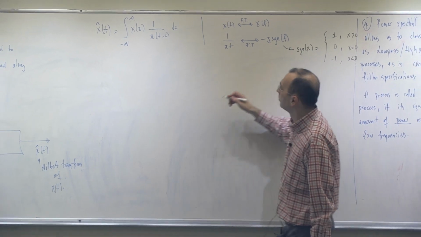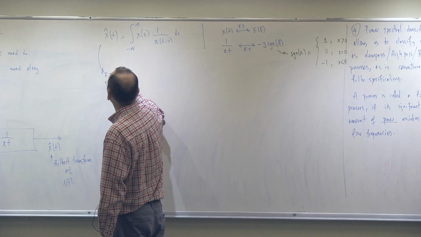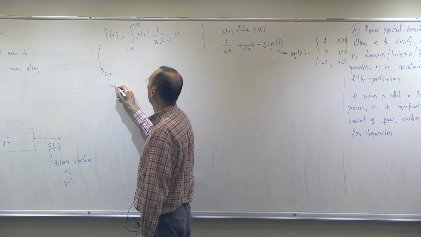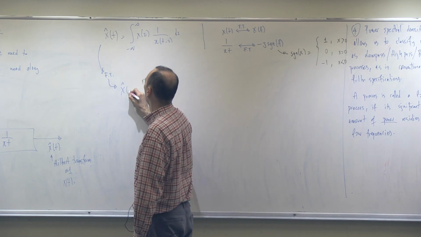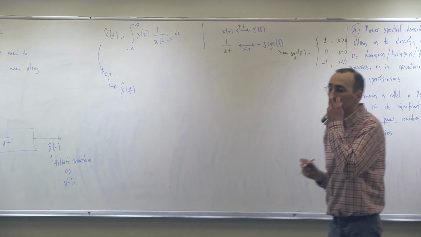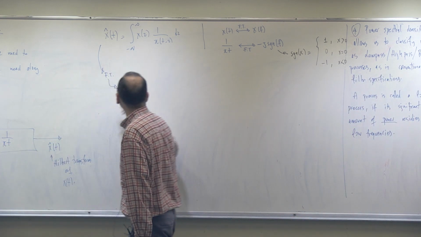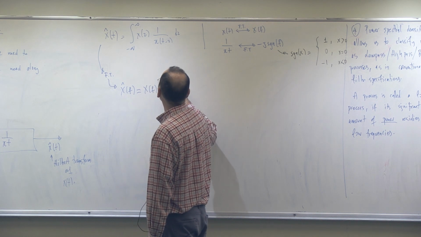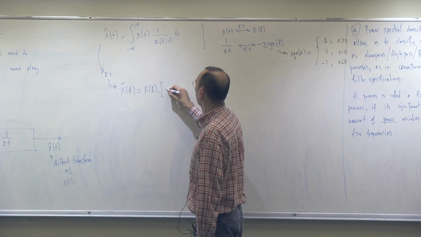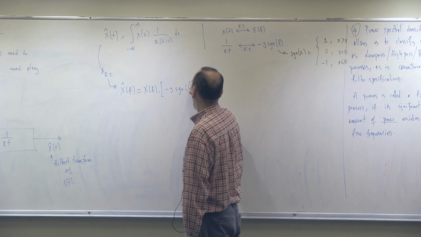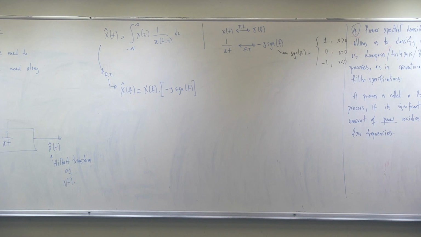Well, if I take the Fourier transform of this, how do I denote it? I'll be denoting this as capital X with hat of f. So this is the convolution theorem: X of f times H of f, where H of f is this minus j signum f. Do we agree? That is it.